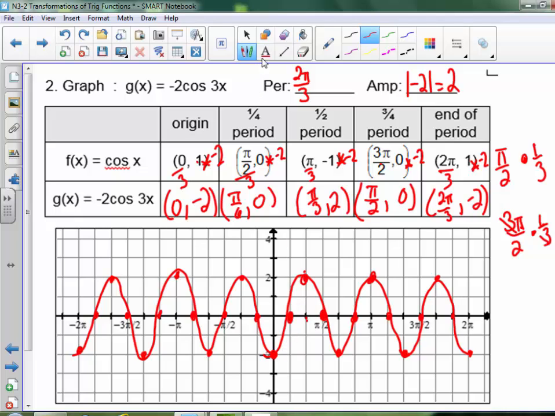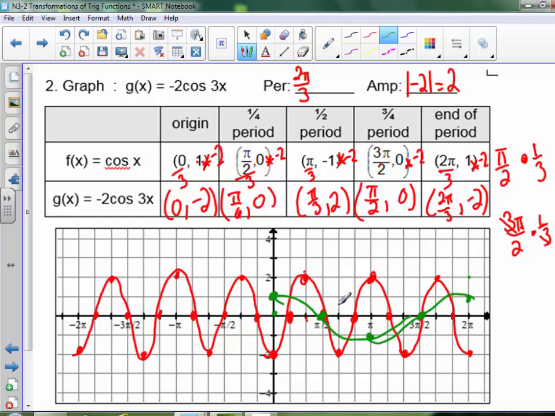Okay, and just to show you where we are, the original cosine was at 0, 1, and then came over to pi over 2, 0, pi, negative 1, 3 pi over 2, 0, and 2 pi, 1. Sorry about that, but that was the shape.